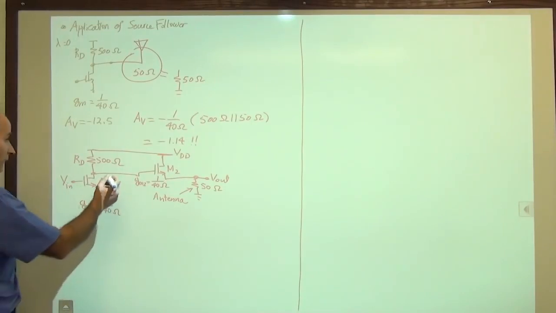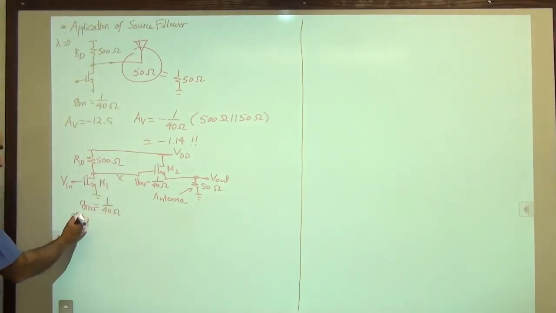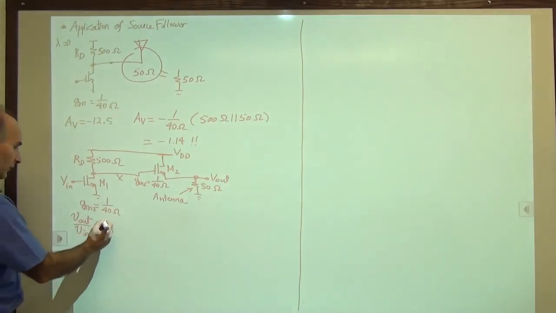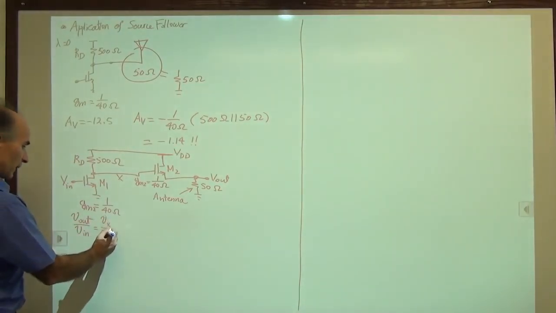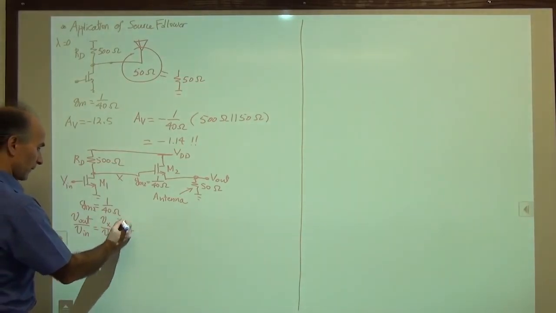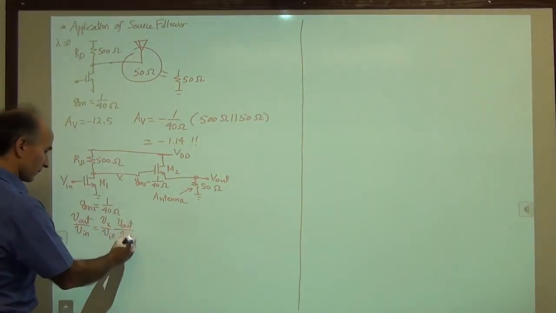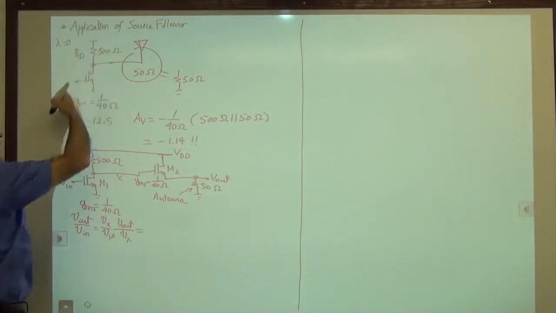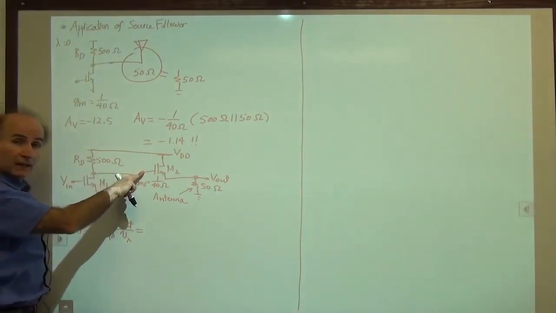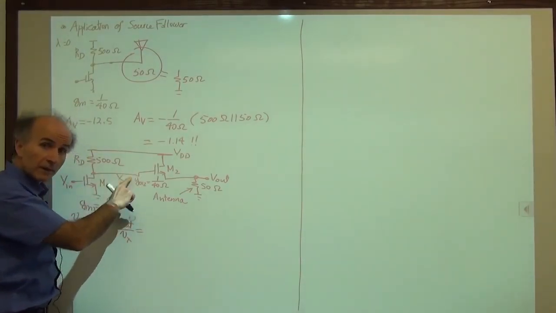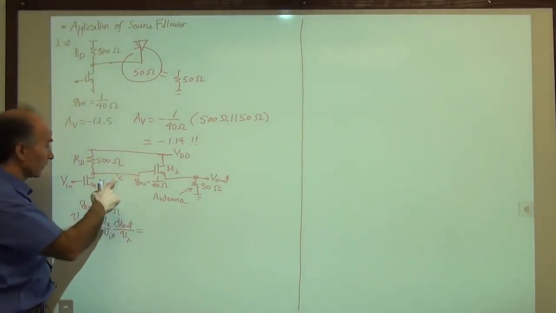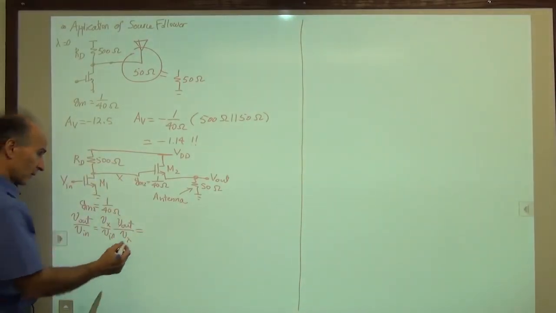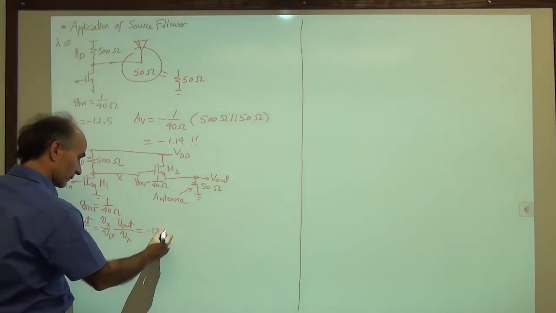We just say, again, we call this node X, and we say the small signal voltage gain from the input to the output is equal to Vx over Vin times Vout over Vx. Vx over Vin is the same as the old case, because looking into this gate, we see a very high impedance. This gate doesn't draw much signal current, so the gain of the first stage is approximately the same as before. So we have minus 12.5 here.